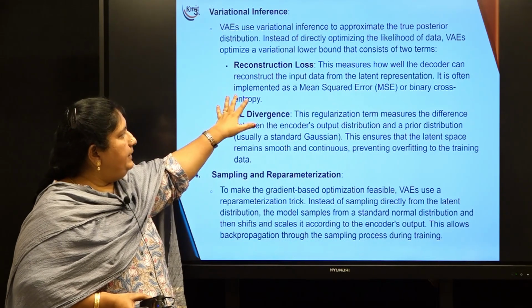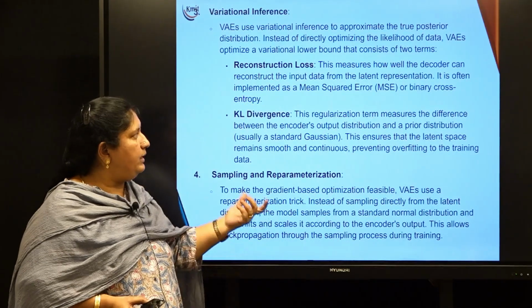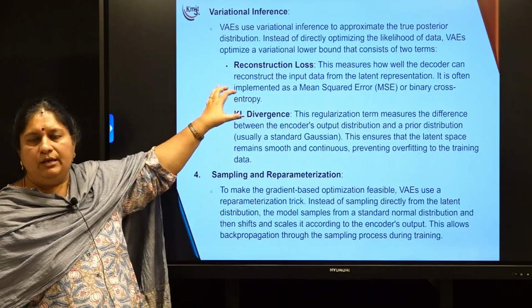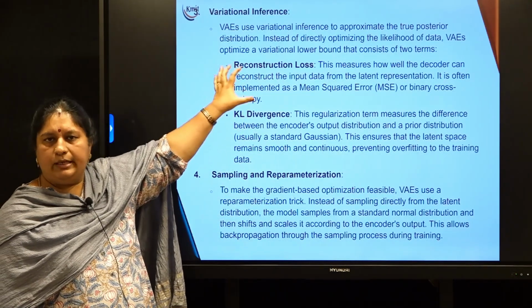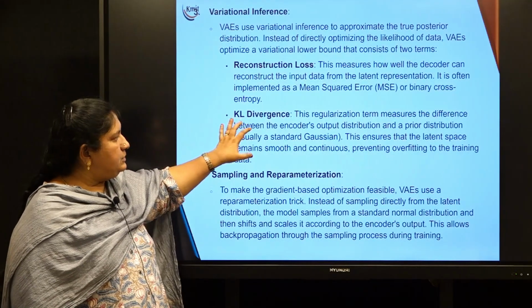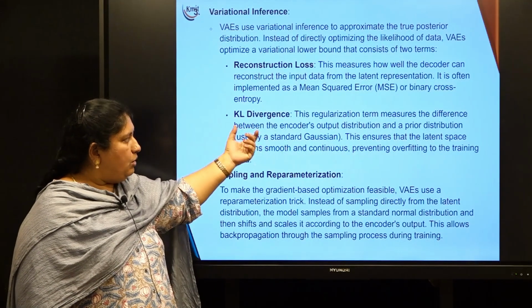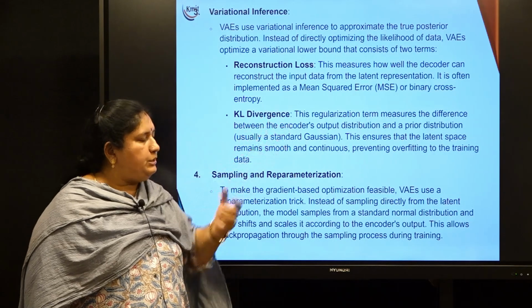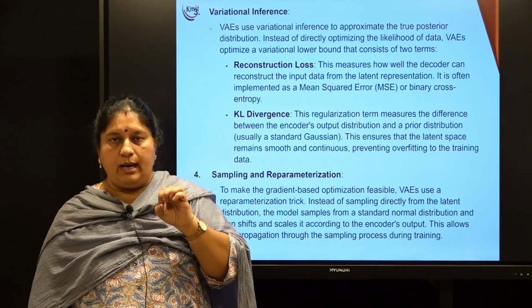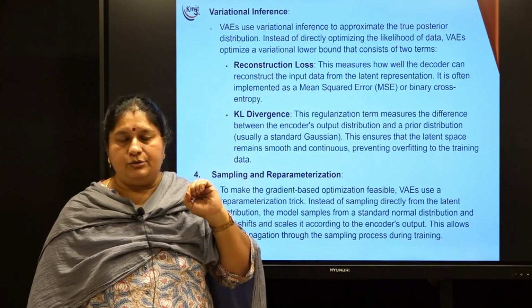This will be implemented generally as mean squared error or binary cross entropy. These are the statistical measures which help us determine the reconstruction loss. Then the KL divergence will measure the difference between the encoder's output and the original data distribution.